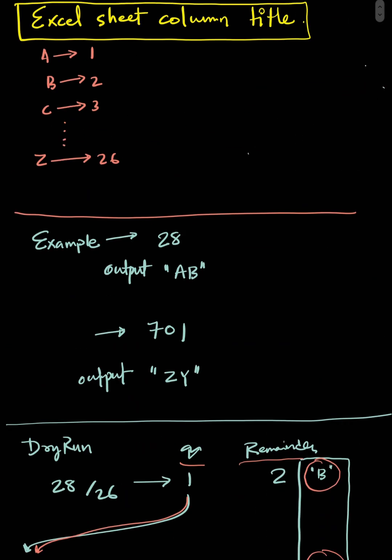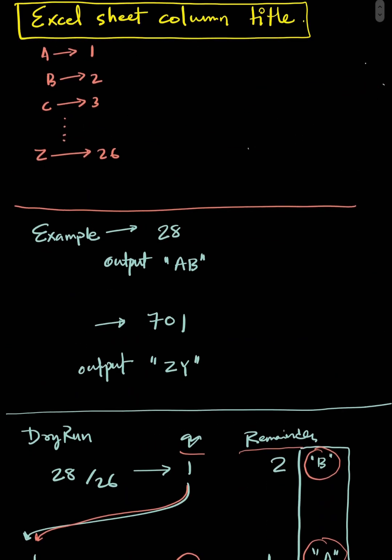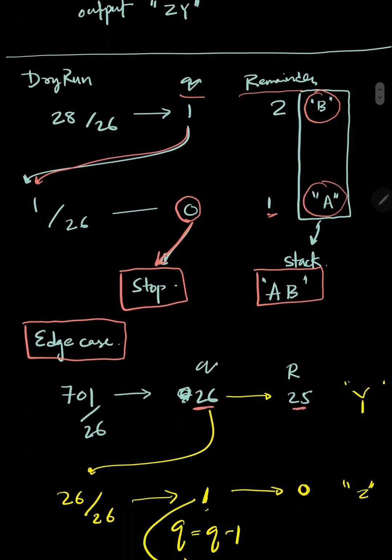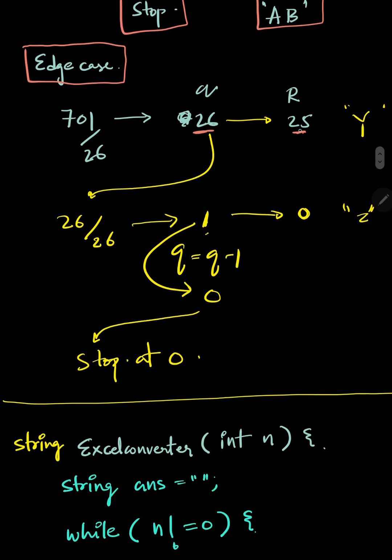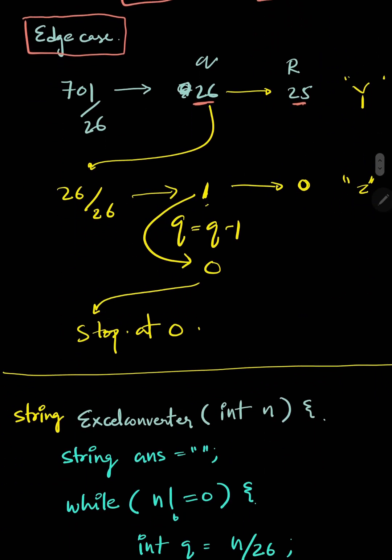Y, right? 26 is Z, so Y must be denoted by 25. So 25 is Y. Now take the quotient, divide by 26. We get 1 as the quotient. Leave it. We get remainder 0.